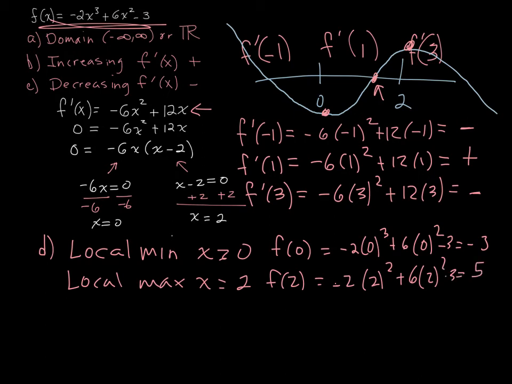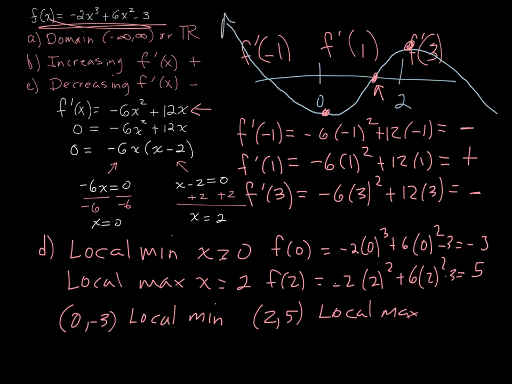So I know then at 0, negative 3, I have a local min, and at 2, 5, I have a local max. Again, this is in a restricted domain, so I'm not going to have globals. This function, in fact, you could probably go back up here and put arrows. It's going to go a lot higher, and it's going to go a lot lower.